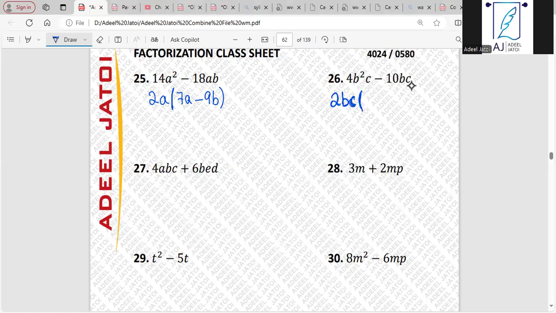So what do we have is 4b square c minus 10bc. We'll be left with what? 2b minus 5, right? Because b and c are already taken out. Clear enough? I hope that it is clear.